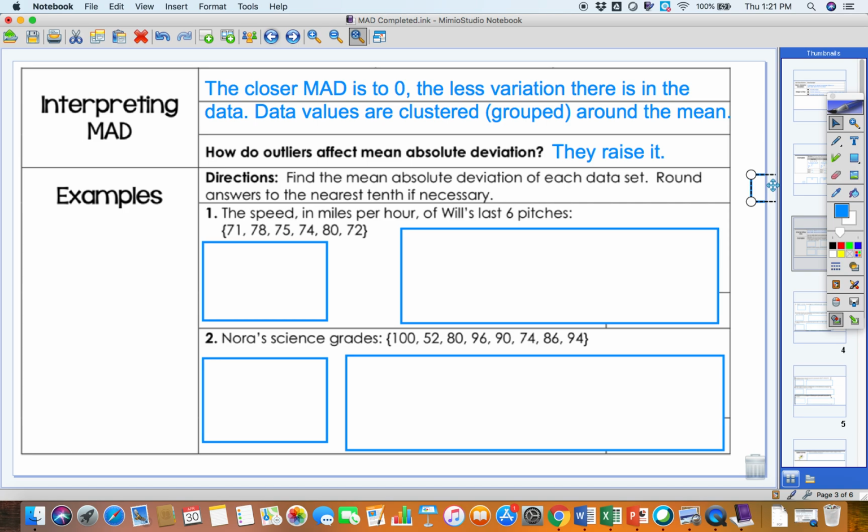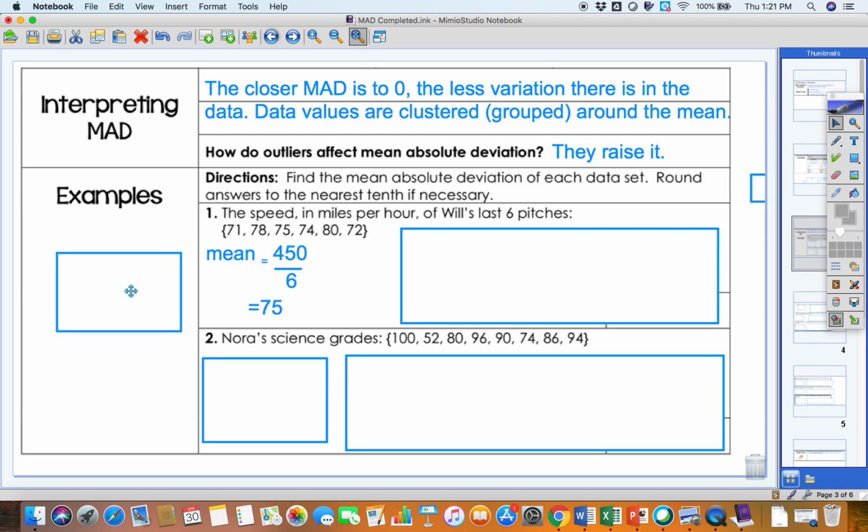So number one, the speed in miles per hour of Will's last 6 pitches. So again, we find the mean first. We do that by taking the sum of our data points and dividing by the number we have. So to get our mean, we're going to get 450 divided by 6, which is 75. So then we want to go back and do 75 minus each of these numbers and take the absolute value.